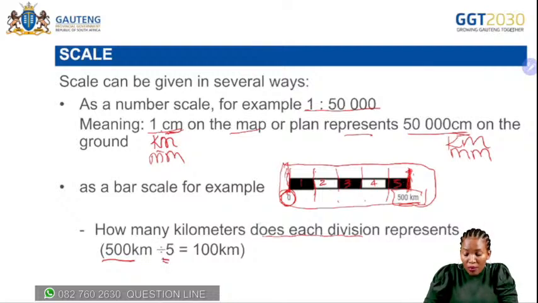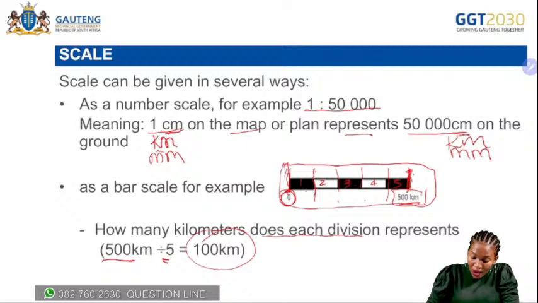Remember, where is this 5 coming from? From the 5 bars that are represented there. So it is 500 kilometers divided by 5. It gives you 100 kilometers. So to answer this question, one bar here represents 100 kilometers. And since it's 5 bars, it's 100 kilometers, 200, 300, 400, up to 500 kilometers.